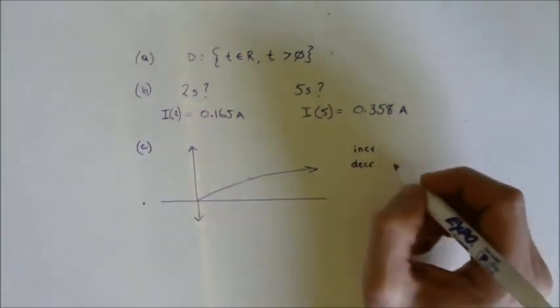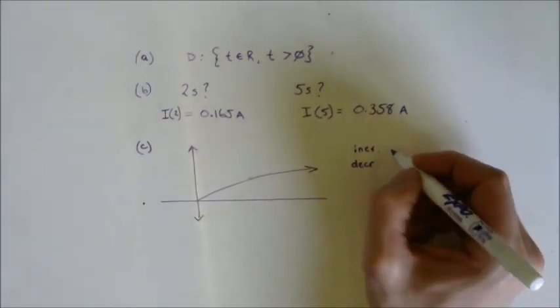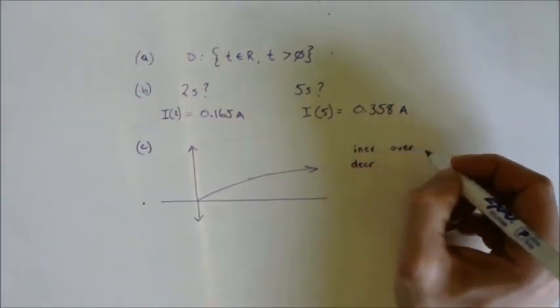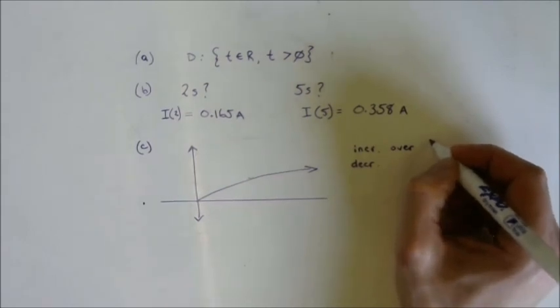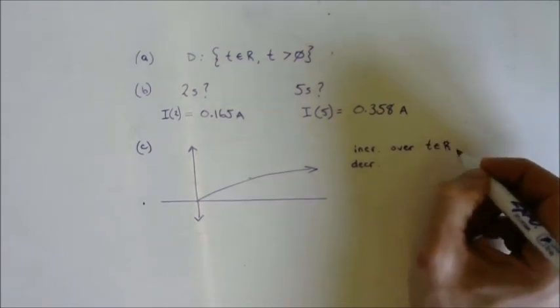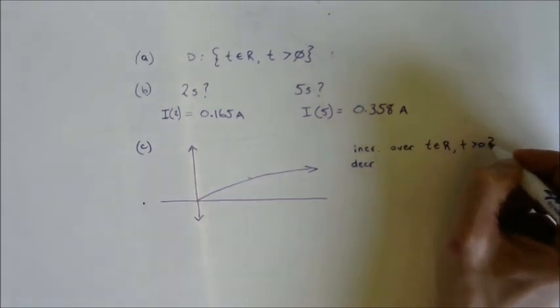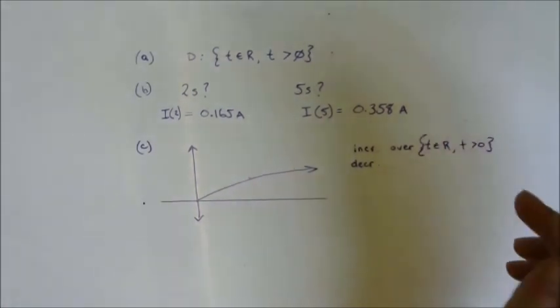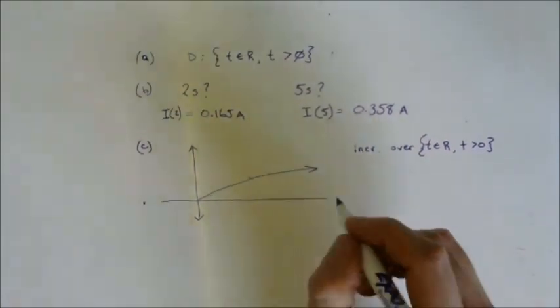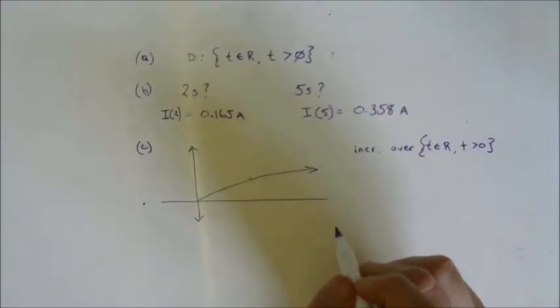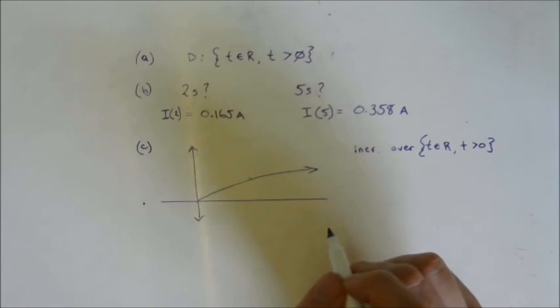It's increasing, okay? It's increasing over t belongs to the set of real numbers such that t is greater than 0. It's increasing over the whole domain. Is it increasing faster and faster or slower and slower?